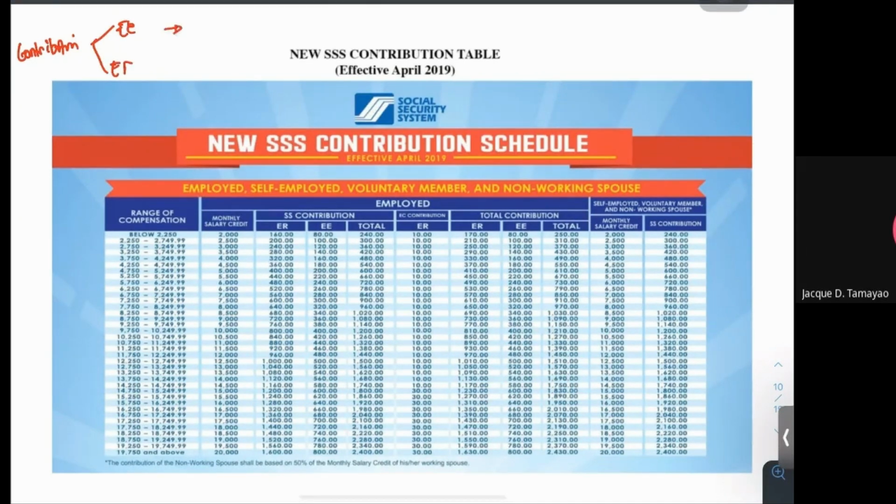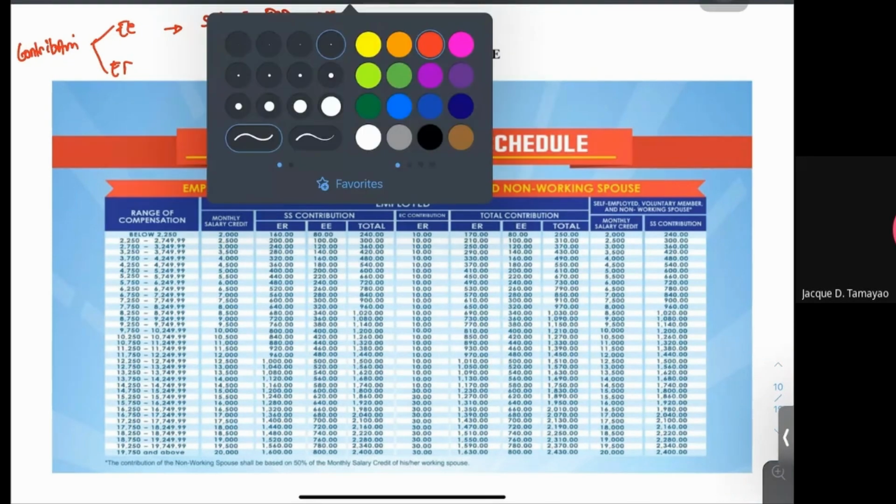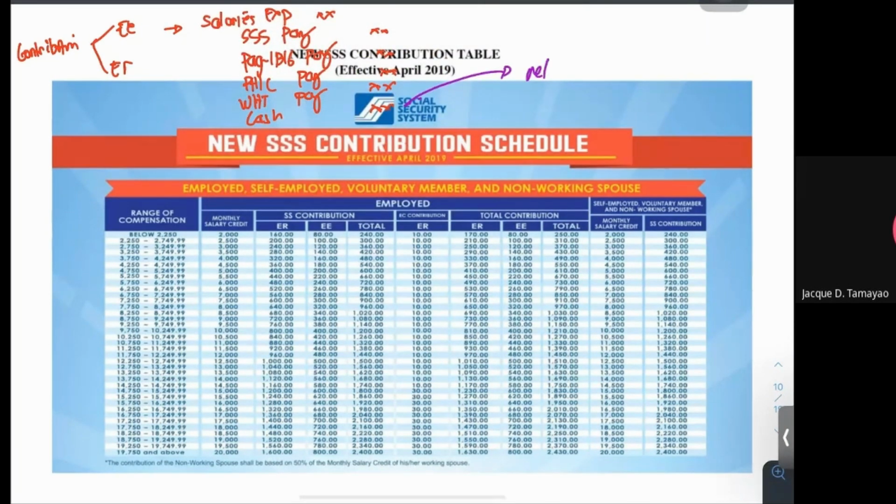That's why whenever you pay the salaries of your employee, you record it as salaries expense, as a debit, and a credit to your SSS payable, Pag-ibig payable, PhilHealth payable, withholding tax payable, and then cash. The cash here represents the net pay.